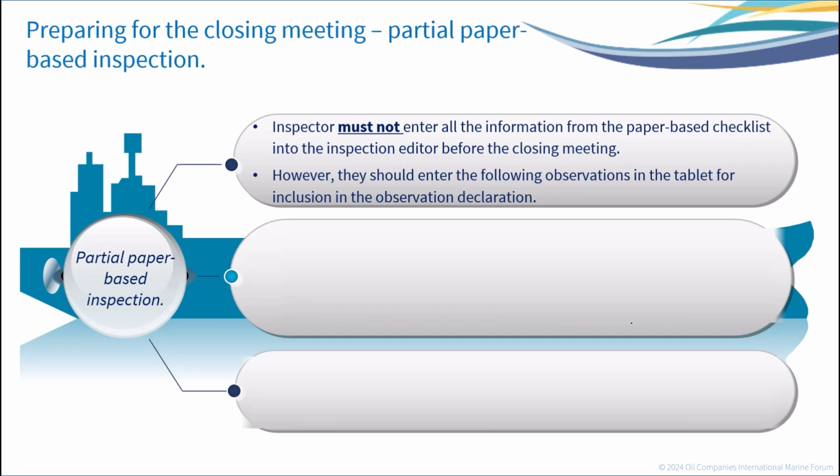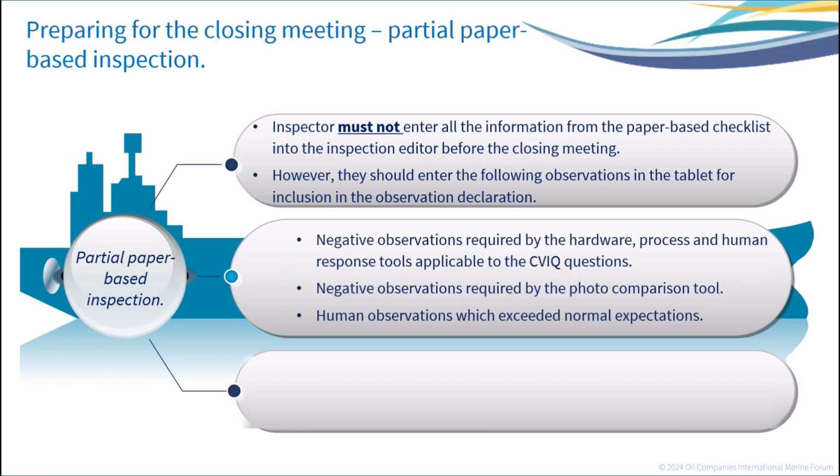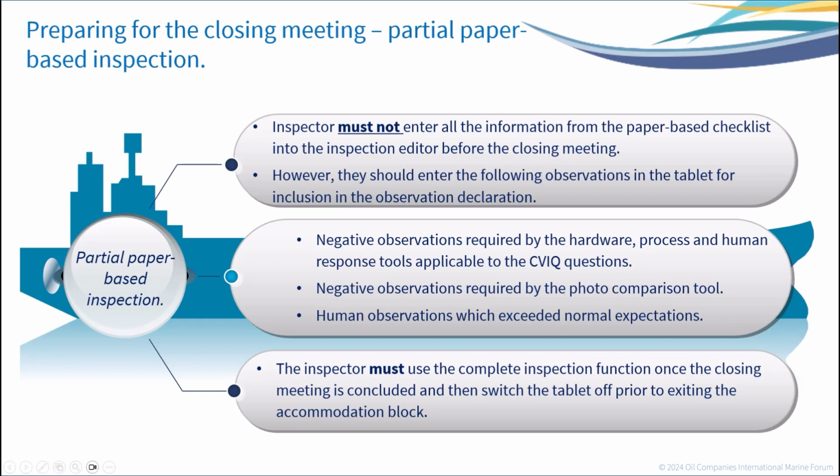When the inspection is complete, any additional negative observations required by the photo comparison tool, or positive human observations should be entered into the tablet so that the observation declaration can be printed in preparation for the closing meeting. Once this is done, the inspector must use the complete inspection function once the closing meeting is concluded and then switch the tablet off before exiting the accommodation.